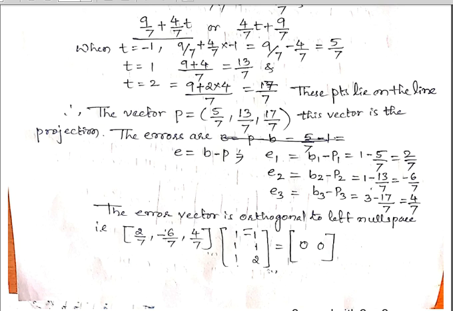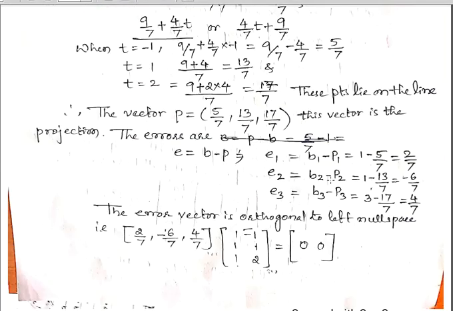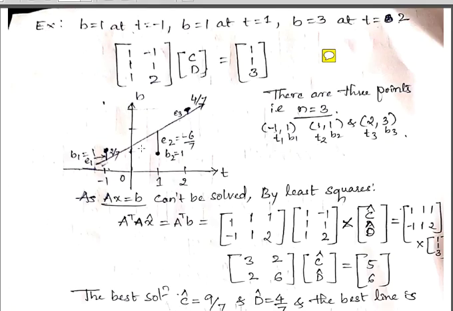B1 is 1, as given. So 1 minus 5 by 7 gives us 2 by 7. Similarly for E2 and E3. From this we get to know that the errors are 2 by 7, minus 6 by 7, and 4 by 7.